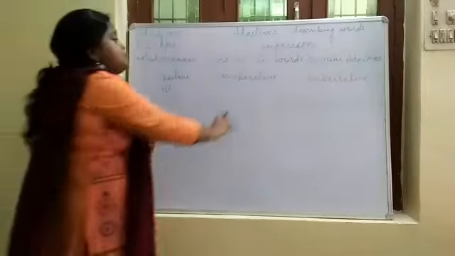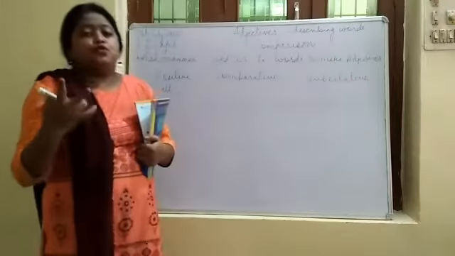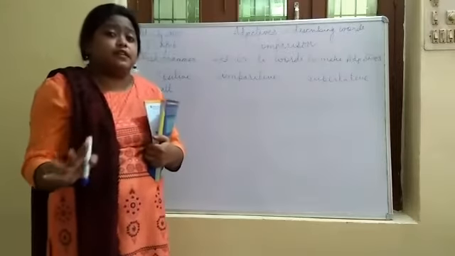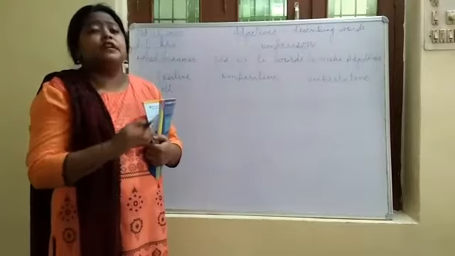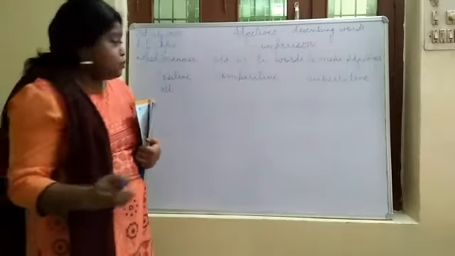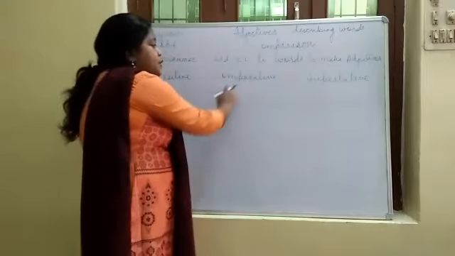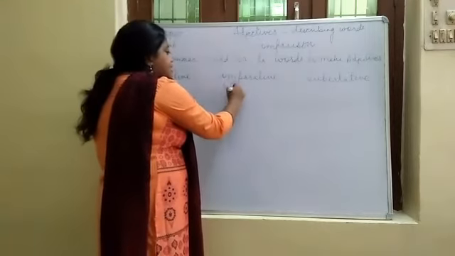Now when it comes to comparative degree, that means when we compare two things, when the comparison takes place between two things. It can be a person, a place, things, animals, or a pronoun also. So when the comparison takes place between two persons, it's called comparative degree. We add er to the word.